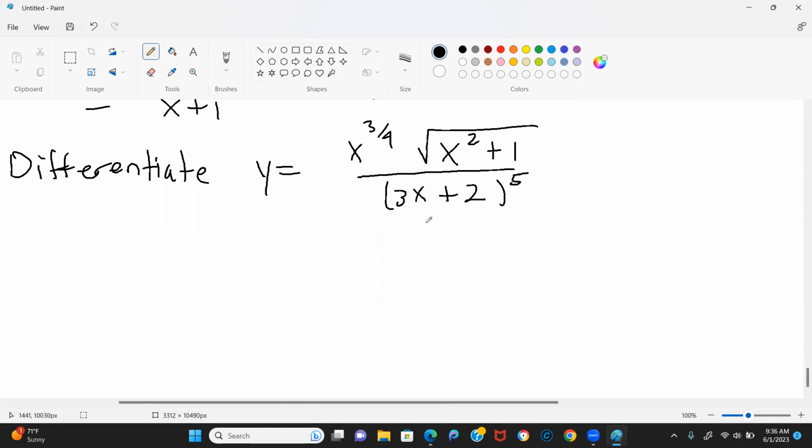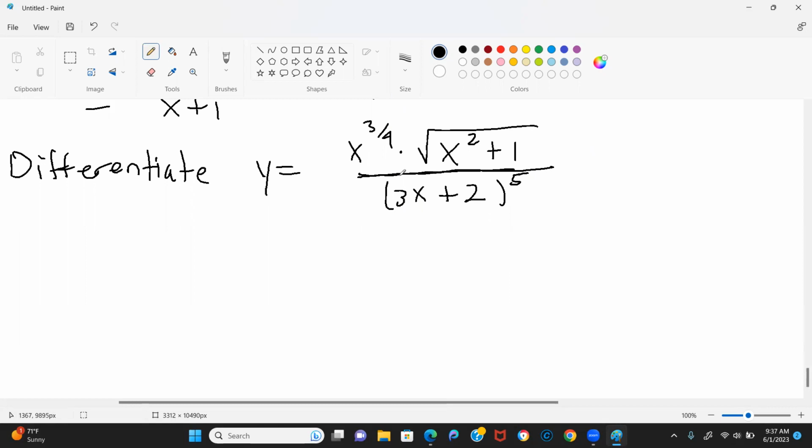Now, if we just differentiated this, let's not go through the actual steps, but just imagine what it would involve. First of all, we have this quotient, so we would have to do the quotient rule. Remember, the quotient rule involves differentiating the numerator and the denominator separately and then putting these pieces together.